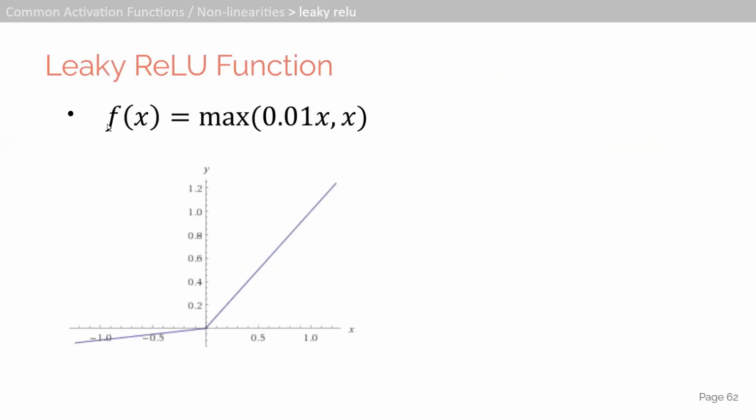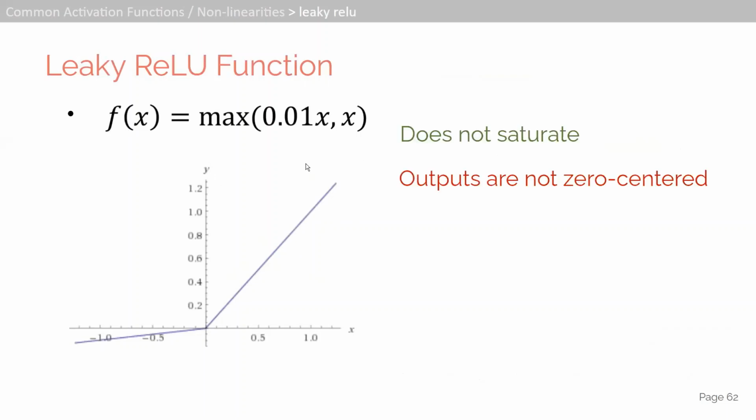What else? There's also the leaky ReLU function. It does not saturate, since it's not sigmoid or hyperbolic tangent. The outputs are not zero-centered, that's one problem with this, but it will not die because of this small adjustment that we have here.